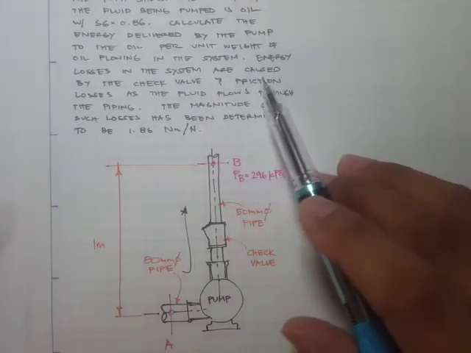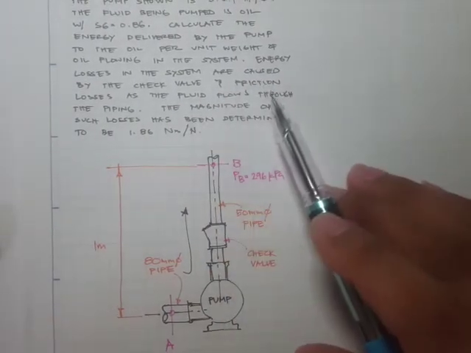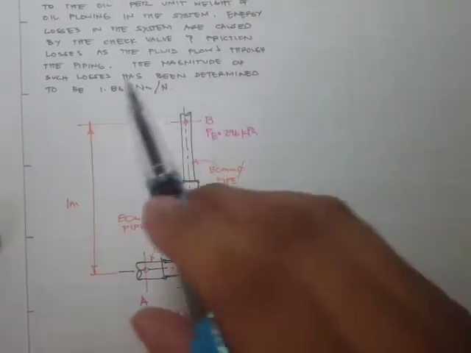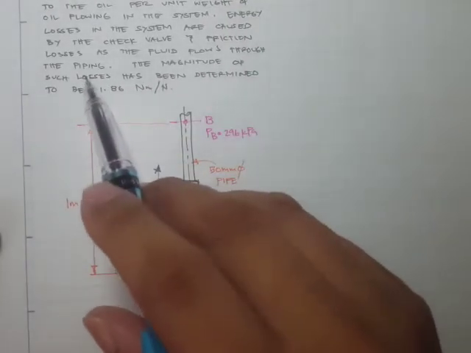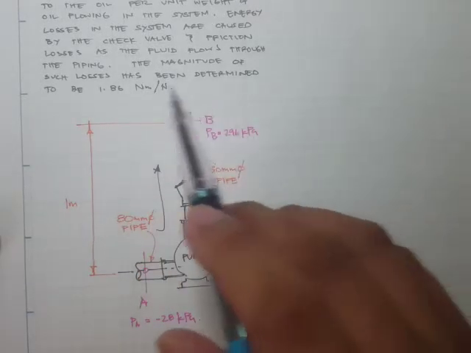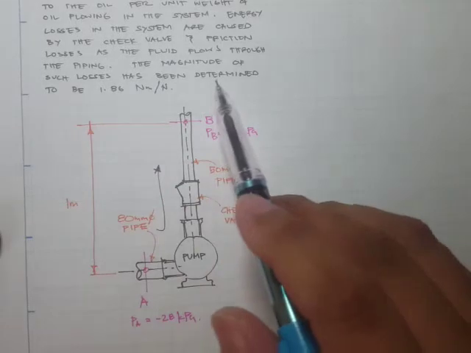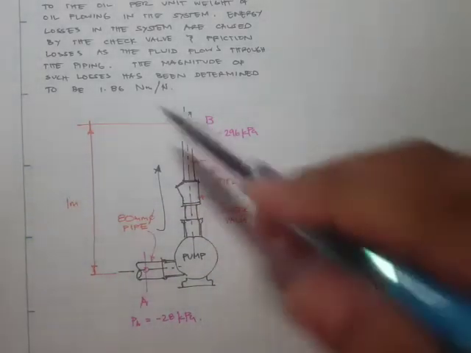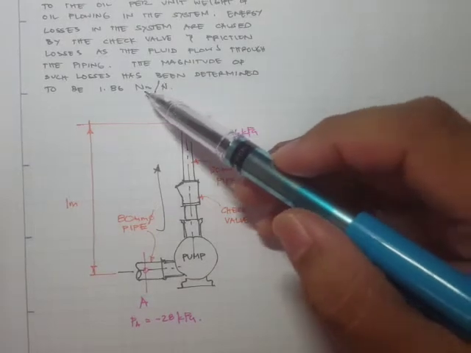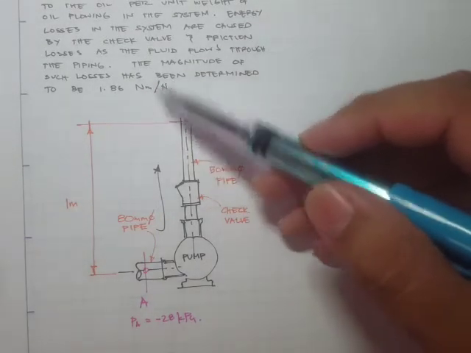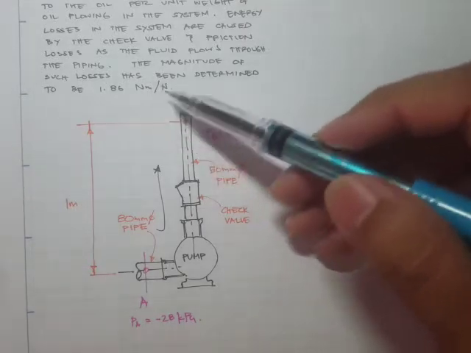The energy losses are caused by the check valve and friction losses as the fluid flows through the piping. The problem also gives us the magnitude of the losses, which has been determined to be 1.86 Newton meter per Newton. Newton meter per Newton is just the same as 1.86 meters.